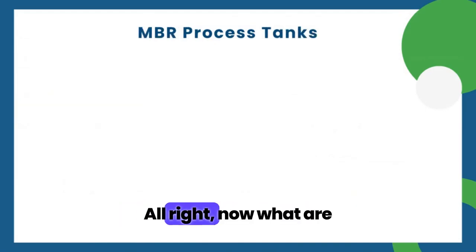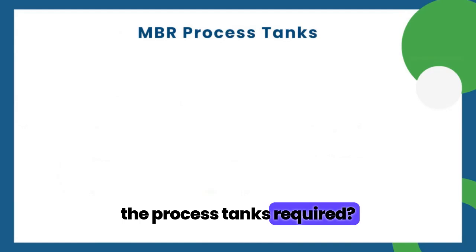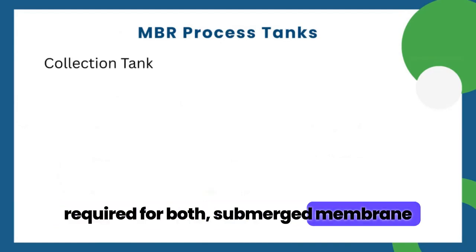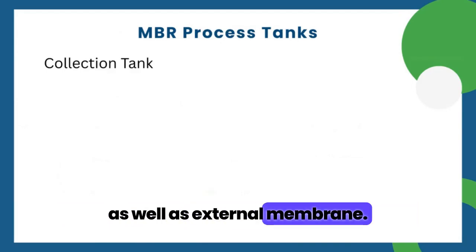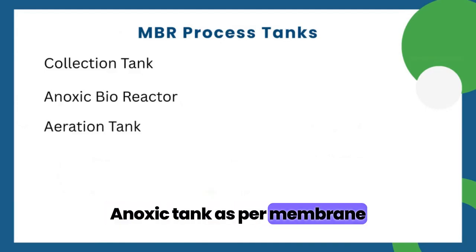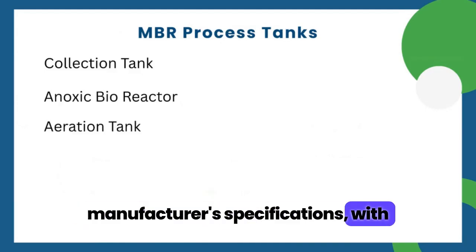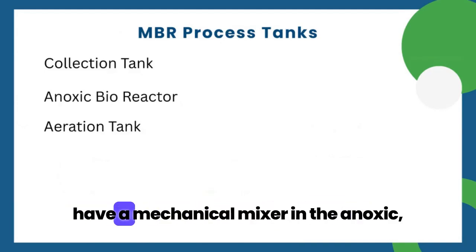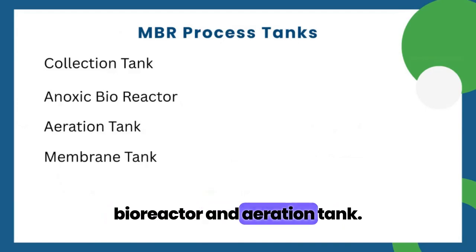All right. Now, what are the process tanks required? We'll look at process tanks required for both submerged membrane as well as external membrane. A collection tank is always required. Anoxic tank, as per membrane manufacturer's specifications, with 1 to 2 hours retention time. And a proper mixer is also essential. If the plant is large, you need to have a mechanical mixer in the anoxic bioreactor. And aeration tank.